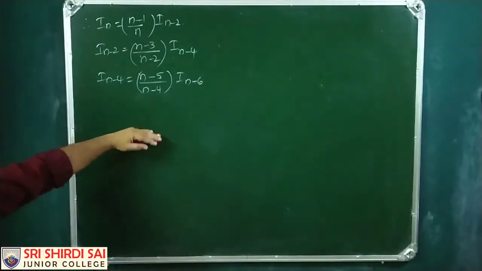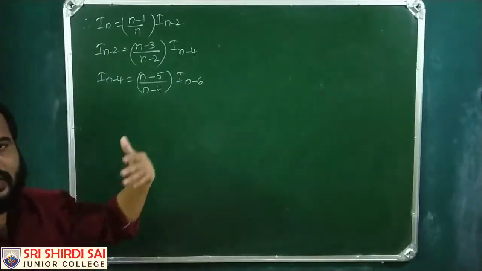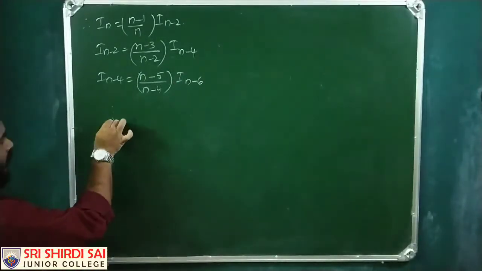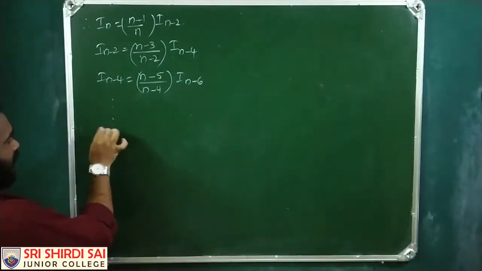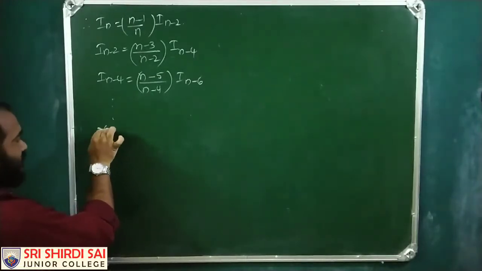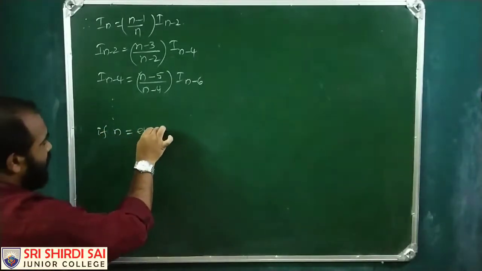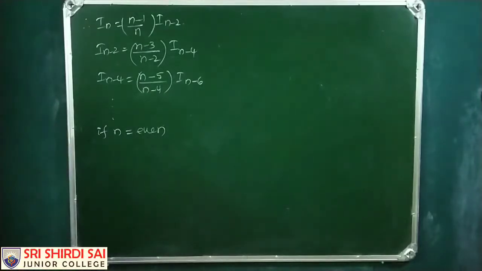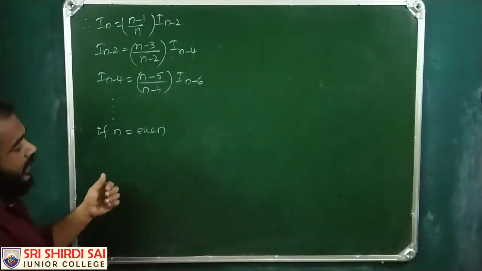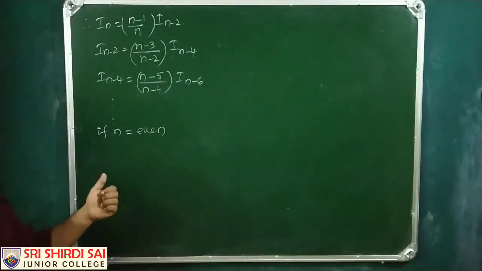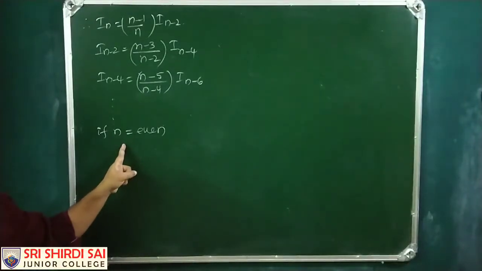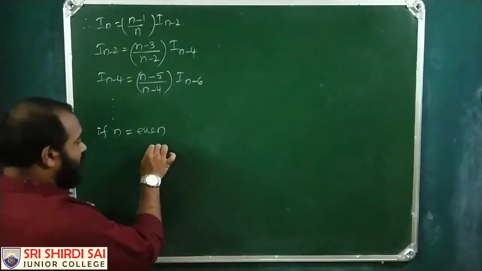So likewise, if we reduce it, if n is even, then we will end up with I naught. So what is I naught?